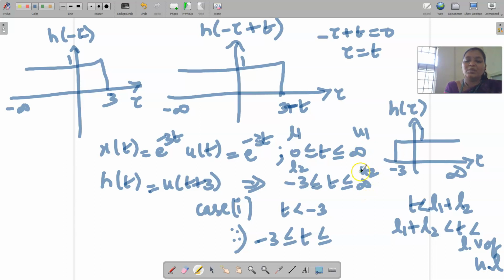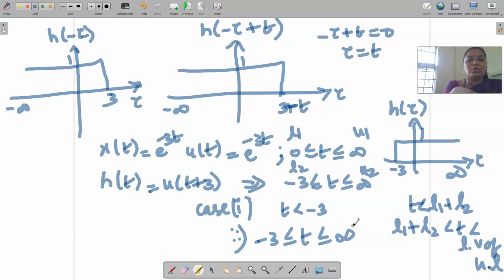When I see the upper limit, both are infinity, so I have to take infinity only. There is no lower value like that, both are equal and infinity. So the second case is minus 3 to infinity. Once you reach infinity, you can stop your cases. So for this problem you have only two cases: one is t less than minus 3, another one is minus 3 to infinity.